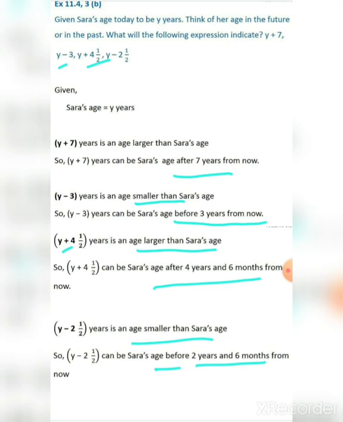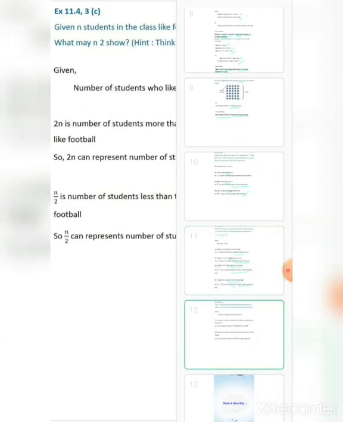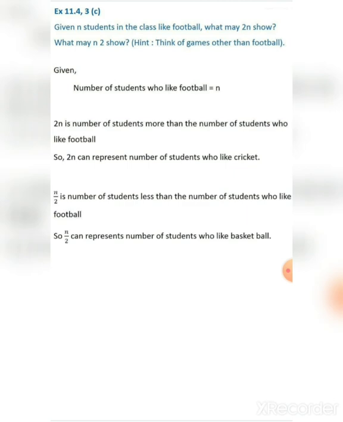Now finally we have reached the last part, the last question of this exercise, that is C. It is given n students in the class like football. What may 2n show? What may n upon 2 show?